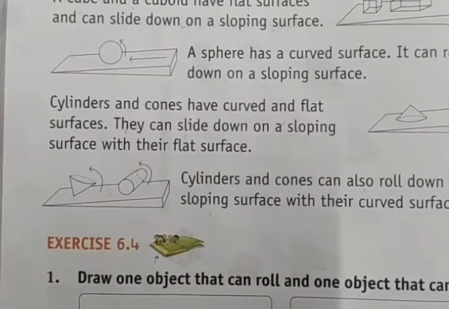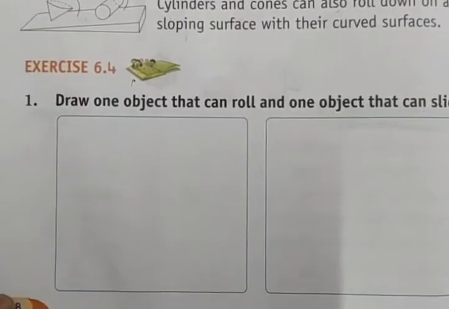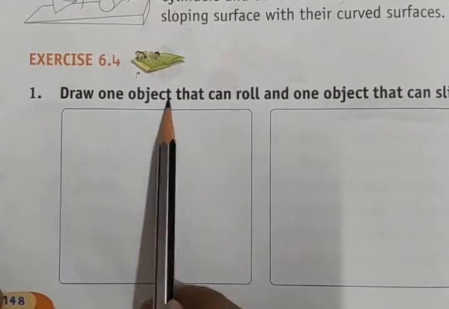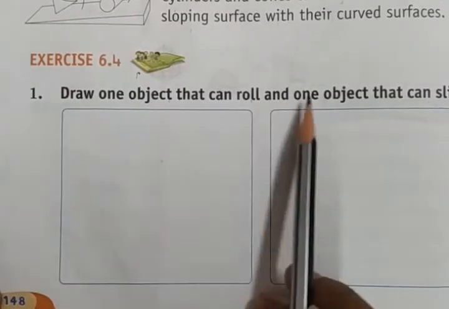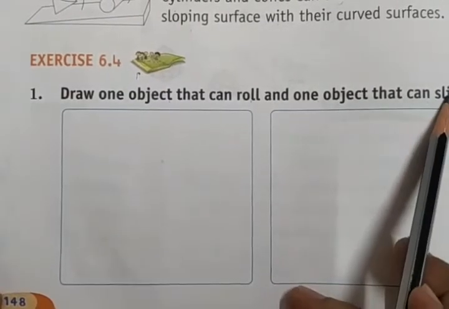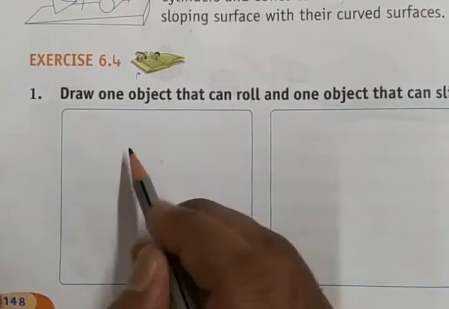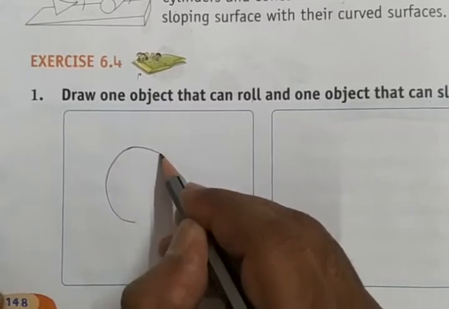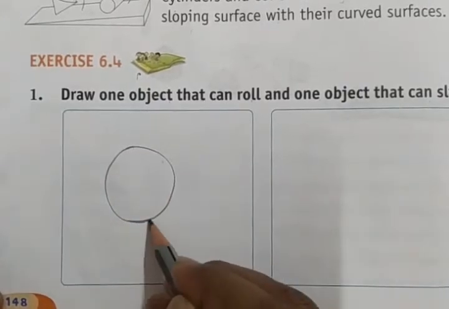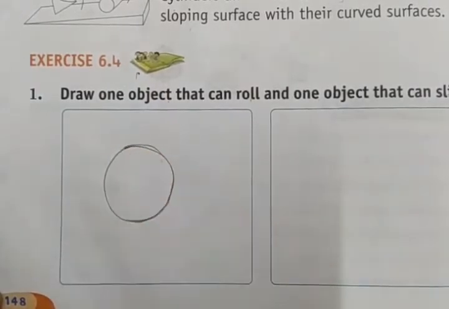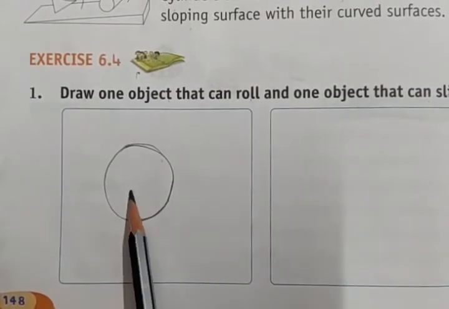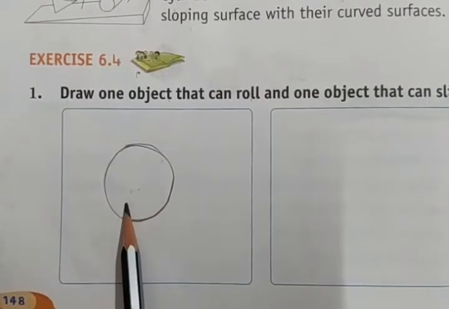Okay. So now let us do exercise number 6.4. Draw one object that can roll and one object that can slide. So rolling are the circle, the sphere or the ball. This is an object that can only roll, not slide.